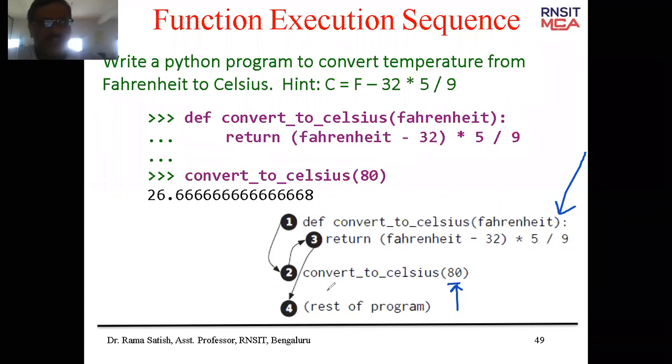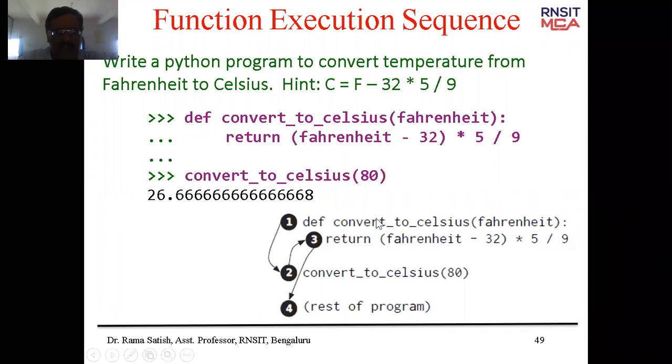Many times they may ask: write the Python program to convert so and so, and also write the steps of function execution in sequence. In that case, you have to write this way. It's quite important, and it's very common to ask such questions.